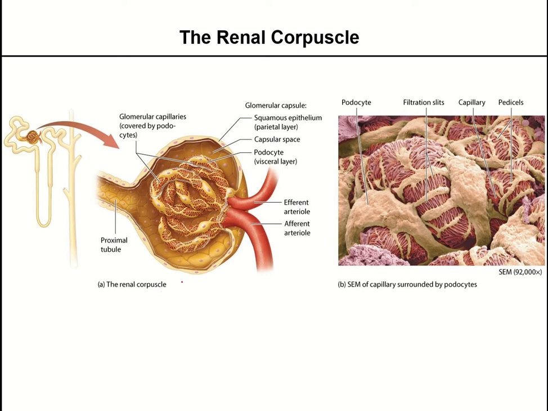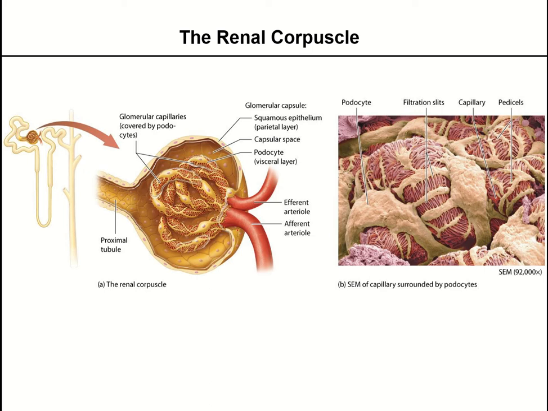Okay, and so the corpuscle is actually going to include not just the glomerular capillaries that you see here, but it's also going to include the capsular space as well as the parietal layer of this capsule.